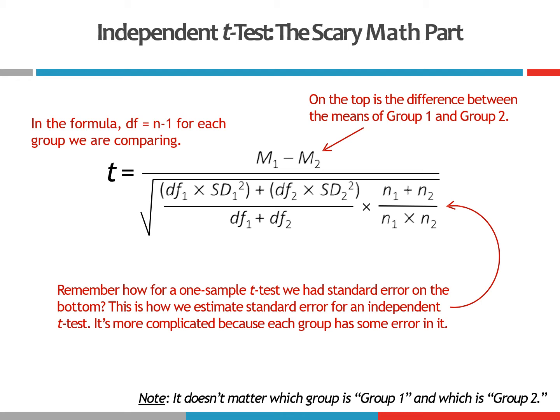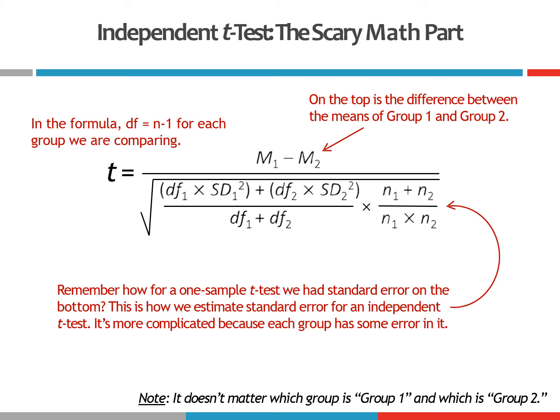So just like with the one sample t-test, we had our observed difference between the sample mean and the population mean over the difference we would expect to find by random chance, or the standard error, right? So that's exactly what we have now, right? We have the observed difference between the mean of group 1 and the mean of group 2, and that whole sort of monstrosity on the bottom is standard error, right? So again, we have the exact same thing.